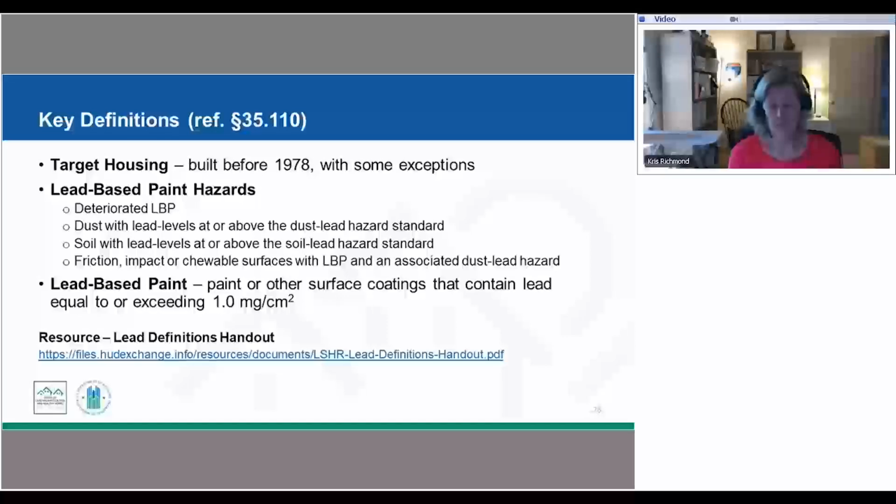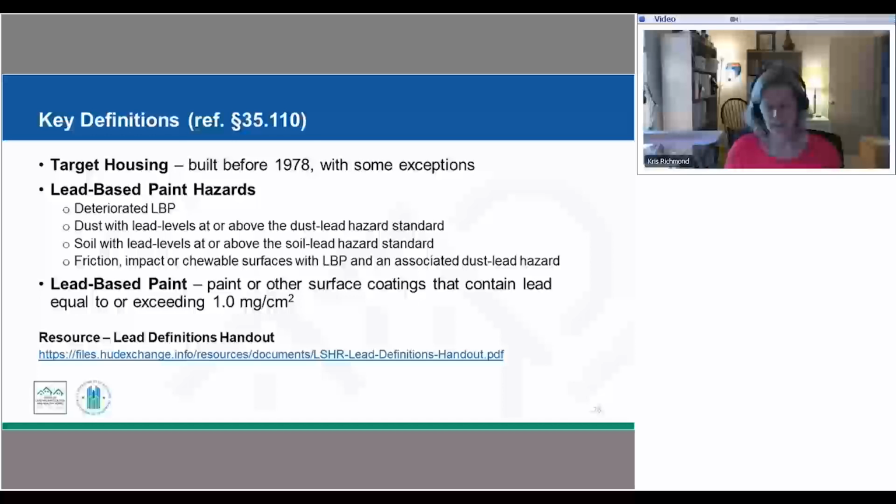And then we have lead-based paint hazards. Lead-based paint hazards are any condition caused by exposure from deteriorated lead-based paint, caused by dust with lead levels at or above the dust lead hazard standard, caused by soil with lead levels above the standard, or caused by friction, impact, or chewable surfaces with lead-based paint that are also causing a dust lead hazard.